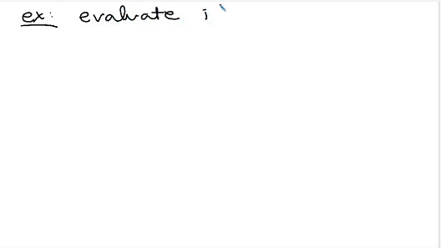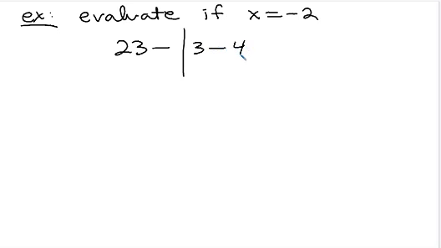If they tell you to evaluate if x equals -2, and they give you something like 23 minus the absolute value of 3 minus 4x, you don't set up two equations because it's not an equation. All right? You just plug in the number.